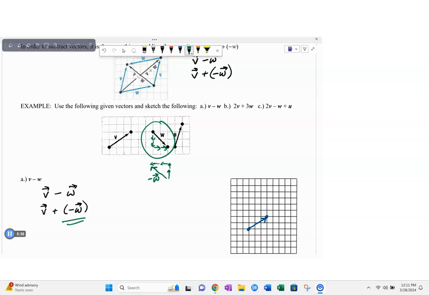So I'm going from here, going up 2, left 2, and I'm going to draw that right there. Okay, so let me label this. This is vector v. That's the opposite of vector w, the opposite direction. So our solution, v minus w, or v plus negative w, goes from the starting point to the ending point.